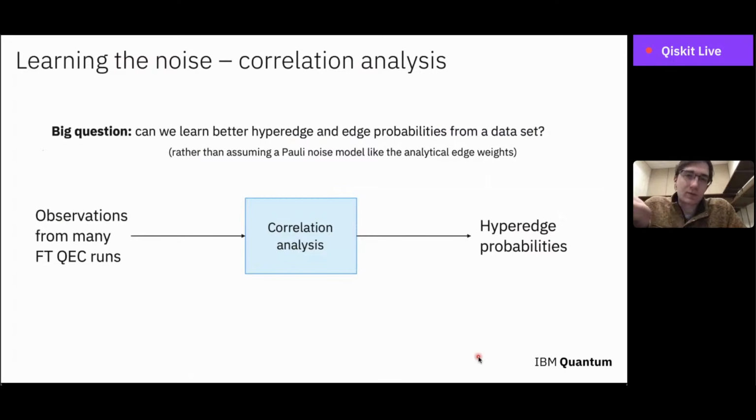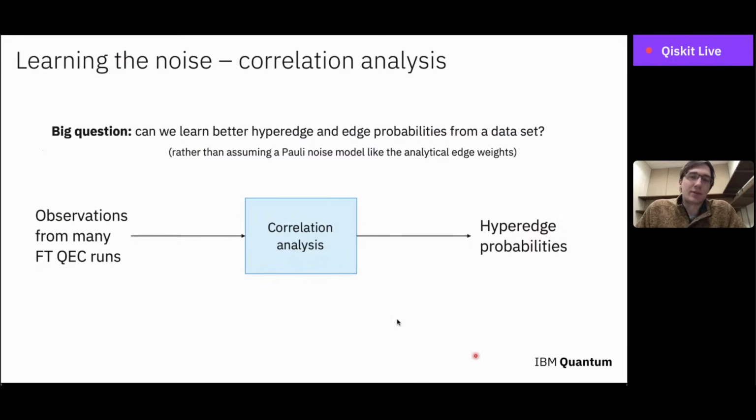Okay, so that was the analytical method, which is like in theory how we expect errors to work. So the big question is, could we learn better edge weights by looking at our actual experimental data? That's what this correlation analysis tries to do.